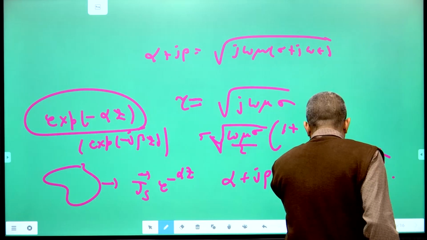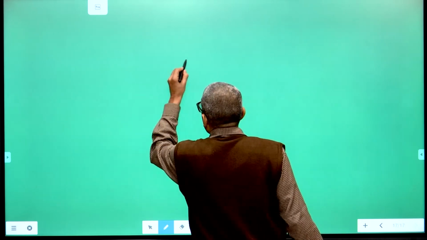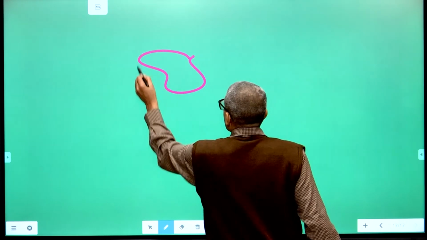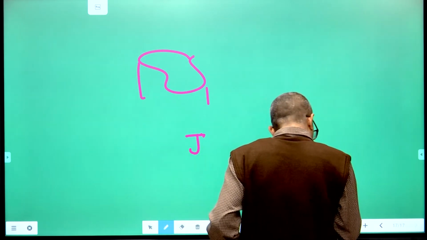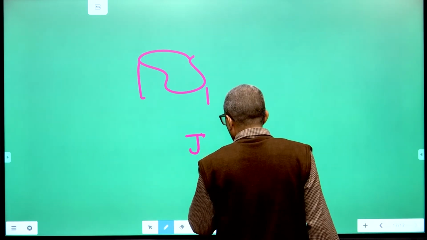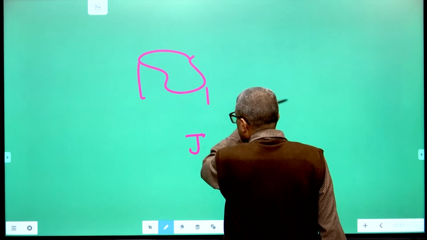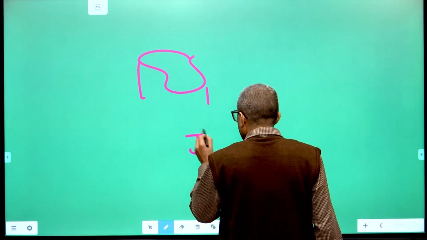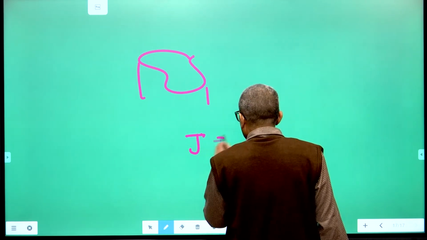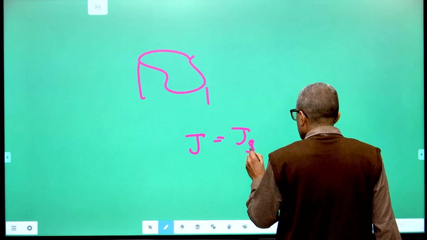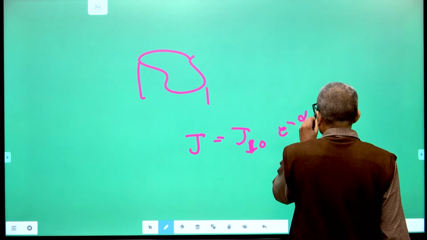So you can see the total power dissipated per unit length. Let us say J is the current density, not the surface current density. So J will become something like J at the surface into e power minus alpha z.